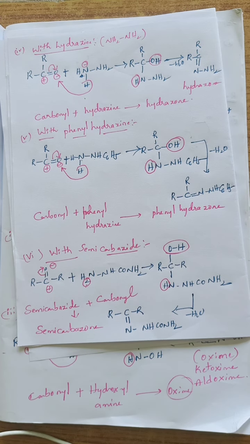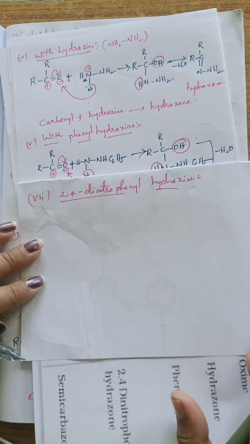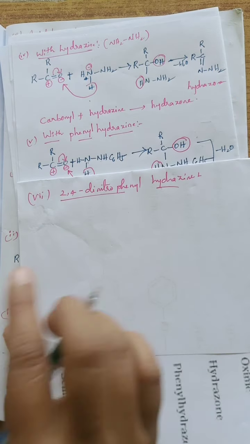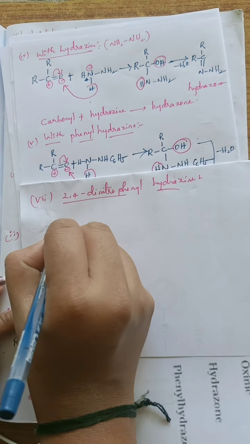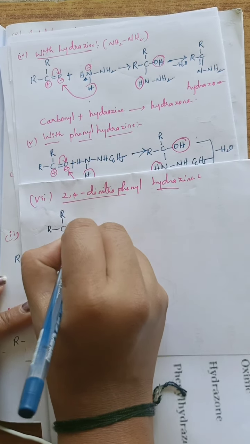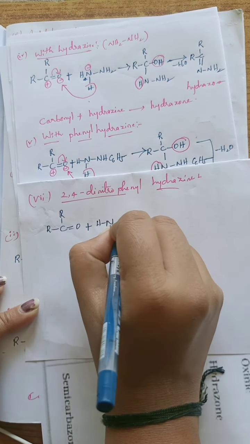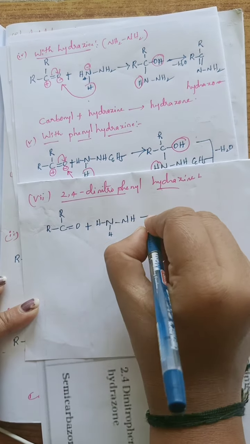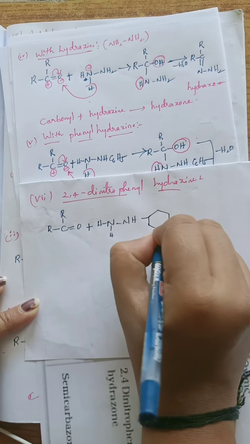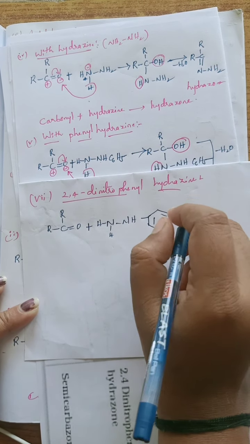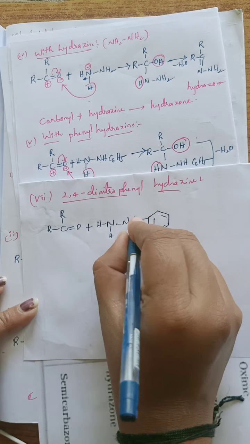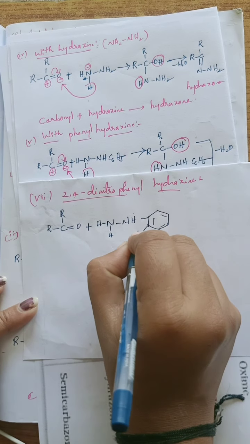And one more last reaction is there that I will explain now. The last reaction is with 2,4-dinitrophenyl hydrazine. I'll write the structure. First write down the general representation of a carbonyl compound. When it reacts with NH2, NH, C6H5. On C6H5, substituents are at the second and fourth positions. The adjacent position is second.